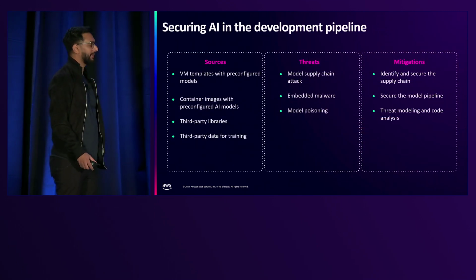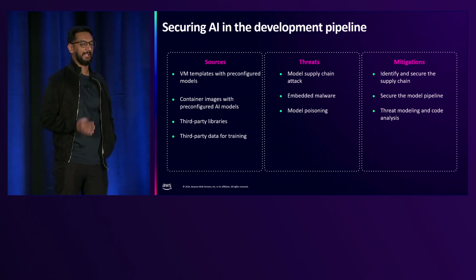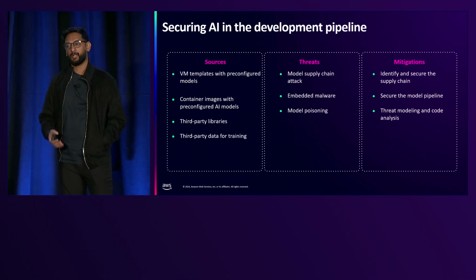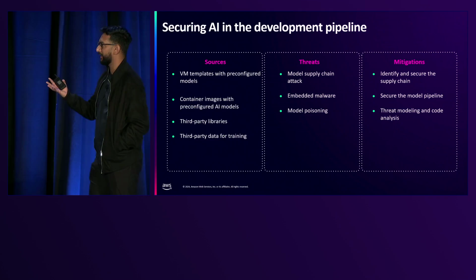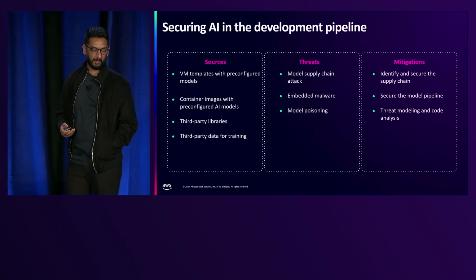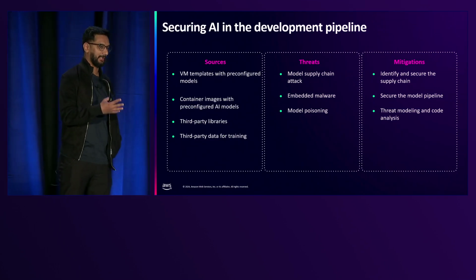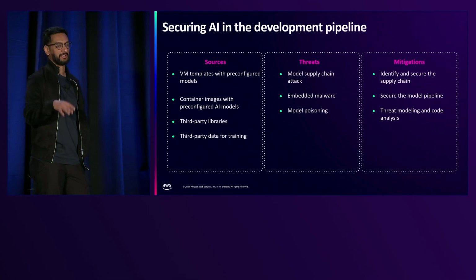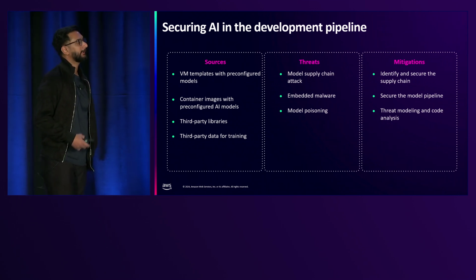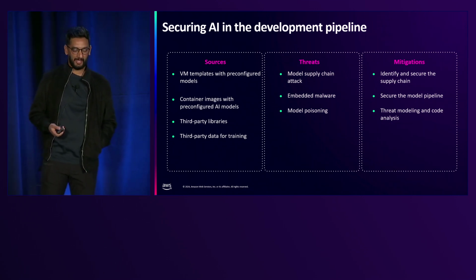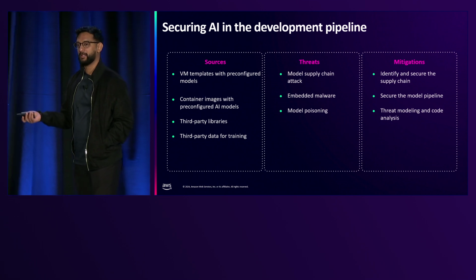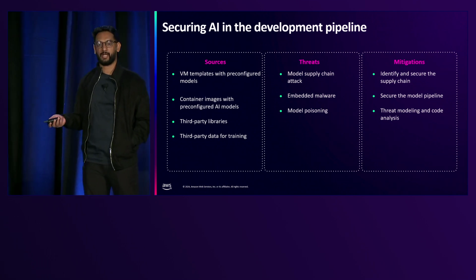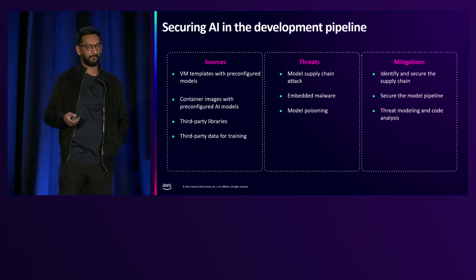So where do these vulnerabilities emanate from? In the application itself. Now, I mentioned these come from container images, which are pre-configured with the models. You might have virtual machines and templates with OS-specific vulnerabilities as well. Third-party libraries as you build the application, and any third-party data that's used for training and the data sets involved.